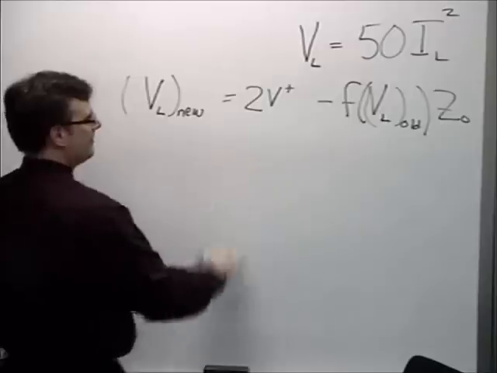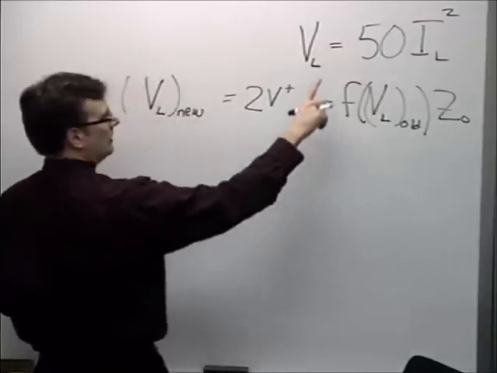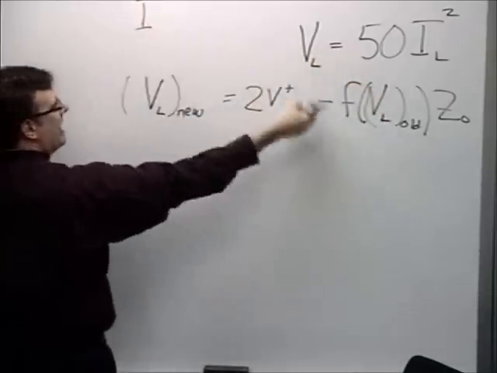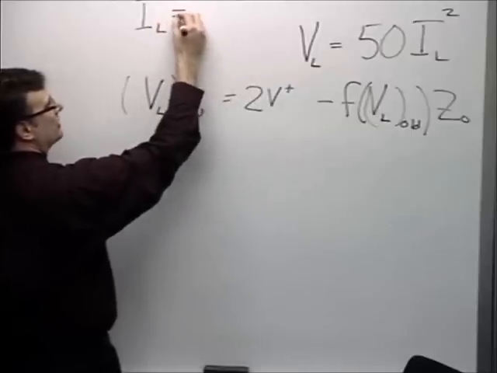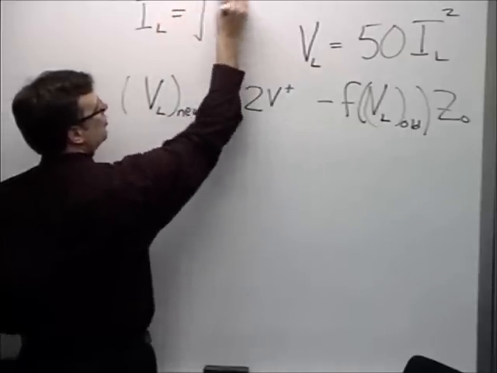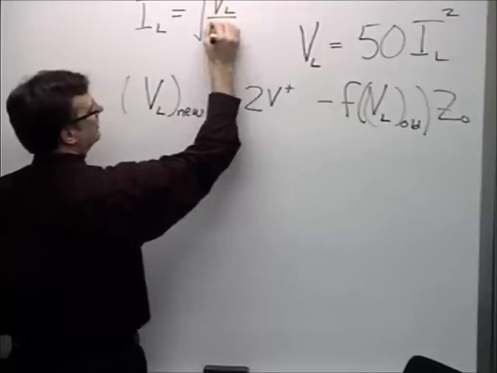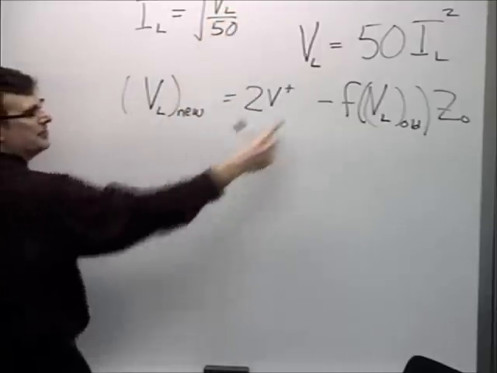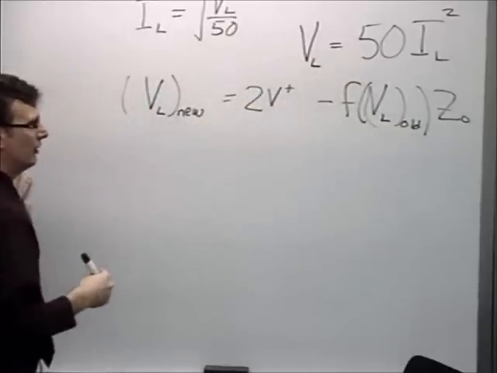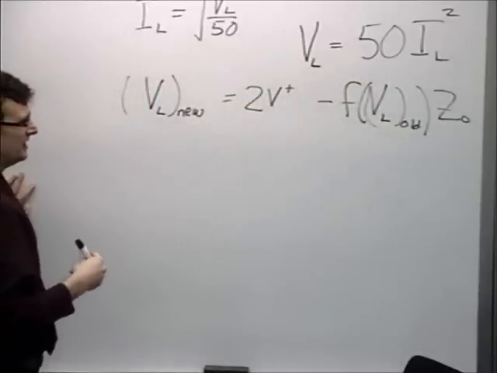Well, let's plug in some math here. So this was my IL, right? And in this case, for the square law device, IL was equal to the square root of VL over 50. I'm just inverting that constitutive relationship between I and L going through the nonlinear device.